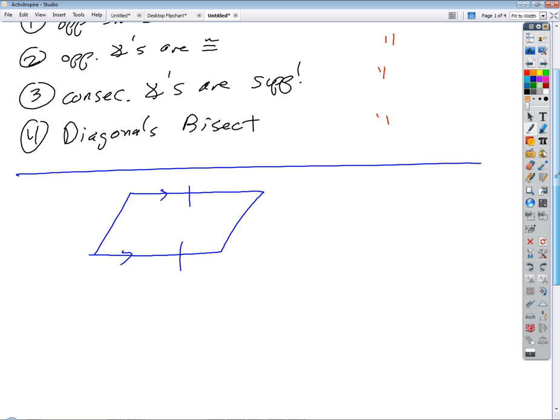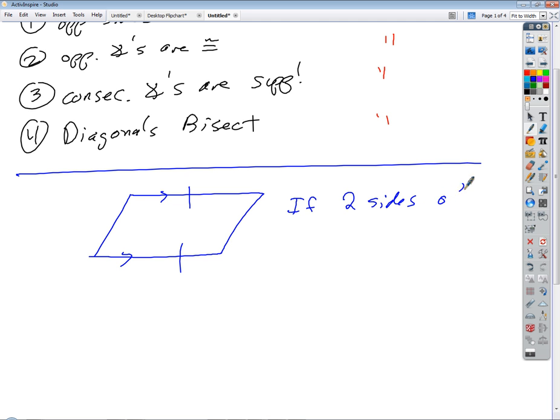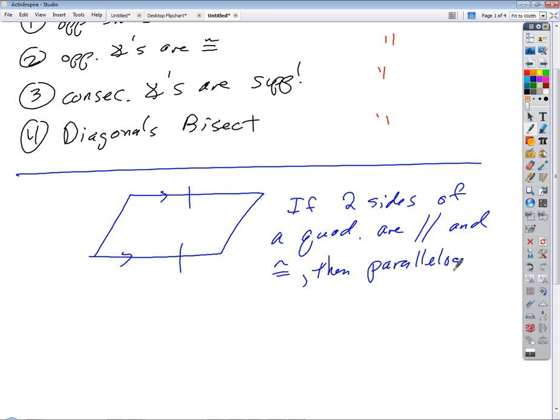So if two sides of a quadrilateral are parallel and congruent, then it's a parallelogram.